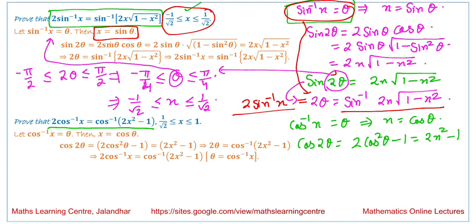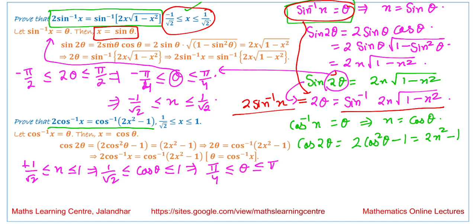Now in this problem it is given that 1 by root 2 is less than or equal to x is less than or equal to 1. So this implies that 1 by root 2 is less than or equal to cos theta is less than or equal to 1. This gives us pi by 4 is less than or equal to theta is less than or equal to pi by 2. If we multiply this whole inequality by 2, we get pi by 2 is less than or equal to 2 theta is less than or equal to pi.